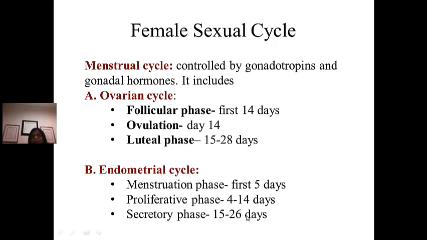When you think about what is happening in the ovary, the luteal phase goes all the way up to 28 days, and the start of the new cycle is where you would begin with menstruation. The shedding of the previous cycle's preparation, and now begins the new phase, the proliferative phase, which lasts from day 4 to 14. The secretory phase is day 15 to about 26.